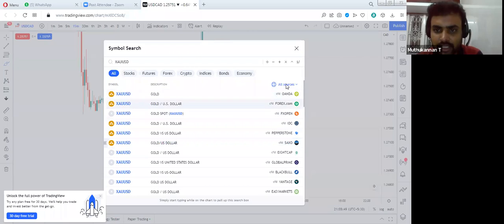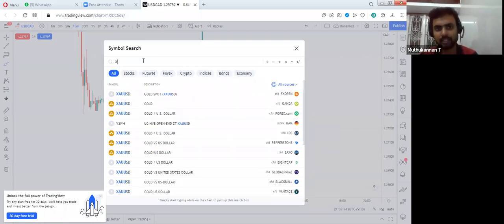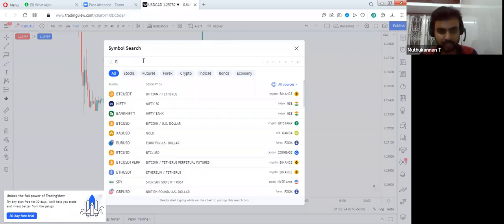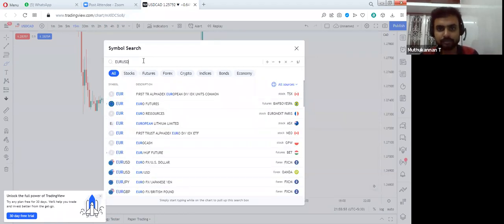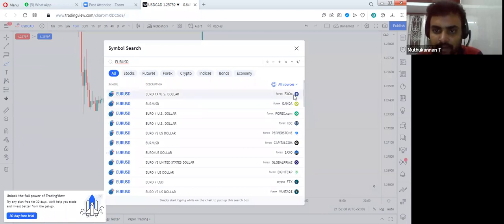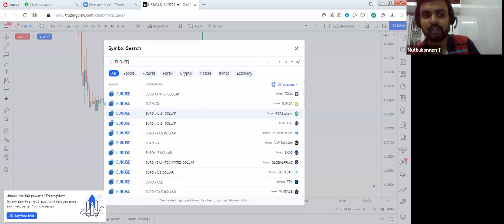See, if you ask me here, there will be different sources here. For Euro USD, you put it here and you can see FXCM, Oanda, Forex.com, IDC. I can tell you that I will be using only these three: FXCM, Oanda, and Forex.com. I believe these are the major brokers and also the major liquidity providers.